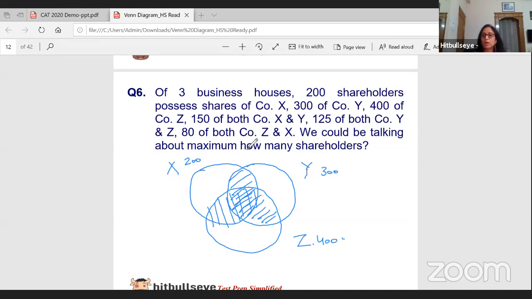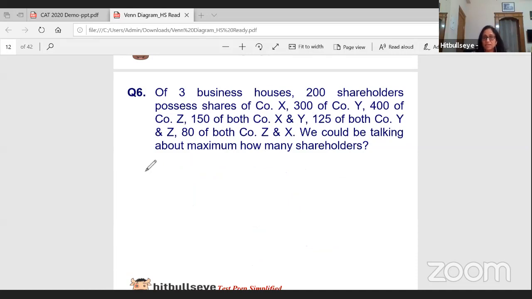We should be talking about maximum how many shareholders. Obviously, what is the number missing in the question is this innermost intersection, right? Now, as I said, whenever your question doesn't talk about only, formula is always a better method. Your formula says that if I'm interested in finding the number of shareholders, that means I'm interested in finding the union of X, Y, and Z. What does our formula say?